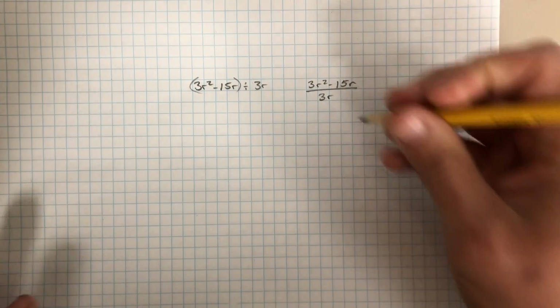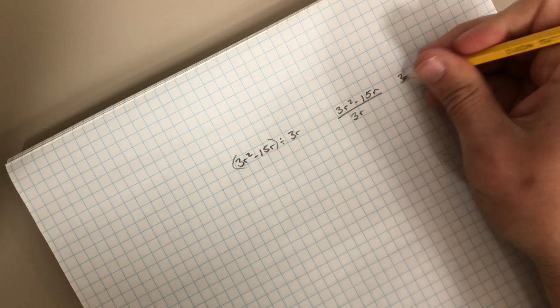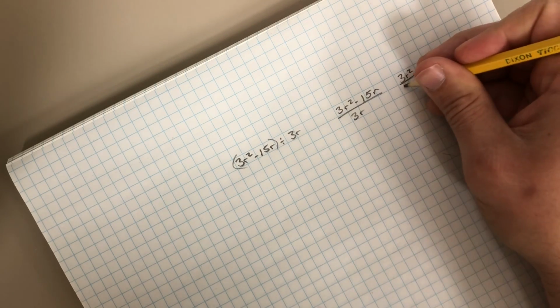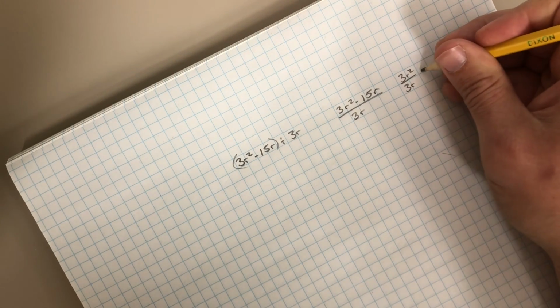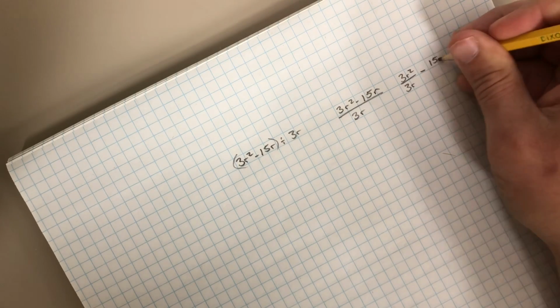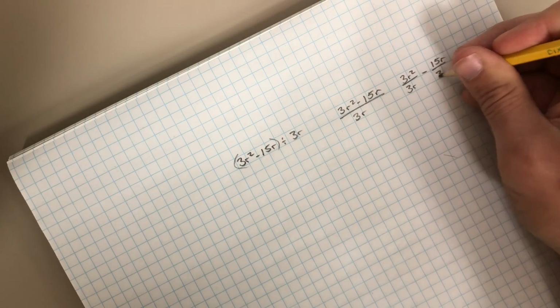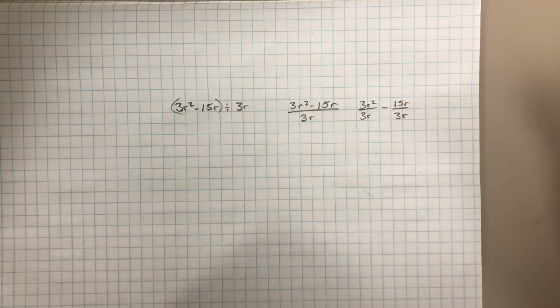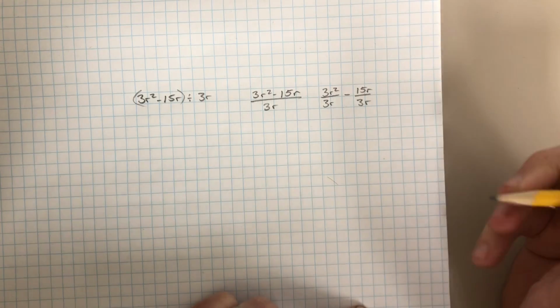And that would be the same as writing it as 3r squared over 3r minus 15r over 3r. Okay, and now I can reduce these numbers.